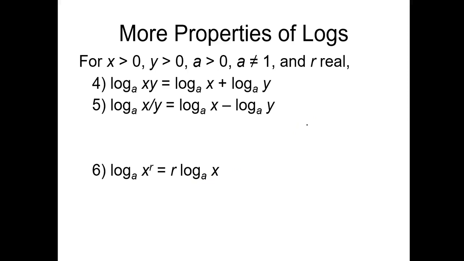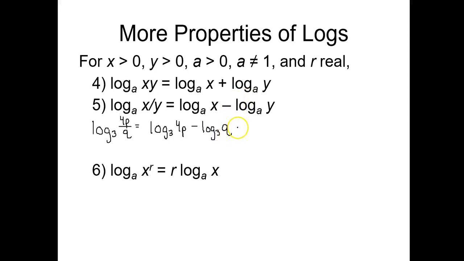Okay, but how can these properties help you? Well, you're going to have some problems where you have to write things in different forms. Let's say you have something like log base 3 of 4p over q, and you really need to rewrite this. Well, using property number 5, you can rewrite this as log base 3 of 4p minus log base 3 of q.